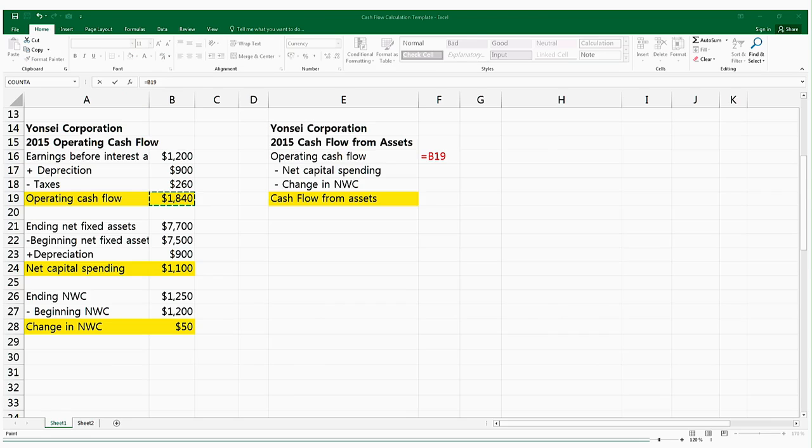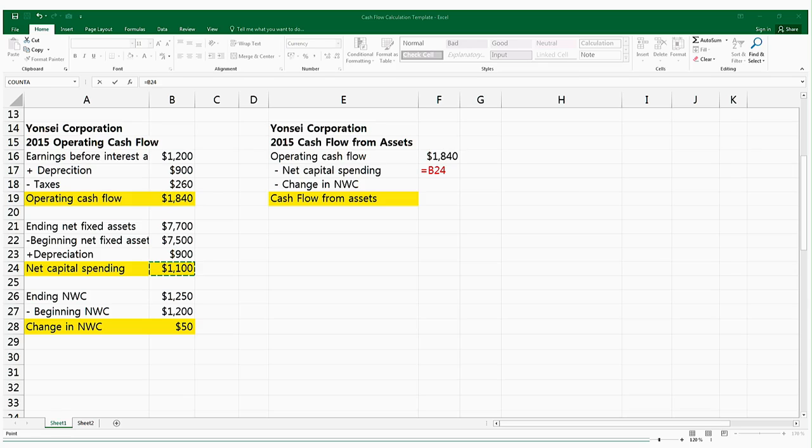Next, move your completed operating cash flow statement to cell A14 and start calculate cash flow from assets. As you learned, cash flow from assets is operating cash flow minus net capital spending minus change in net working capital. First, operating cash flow is in cell B19. So it is $1,840.